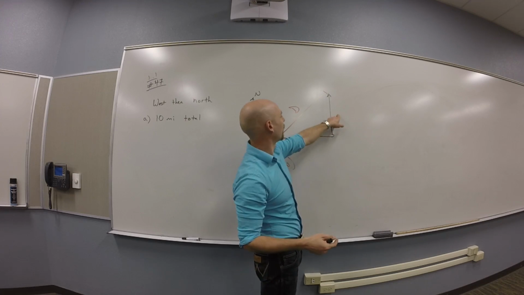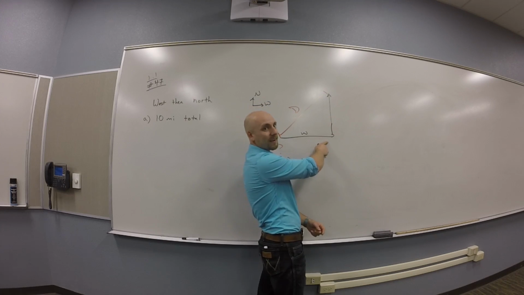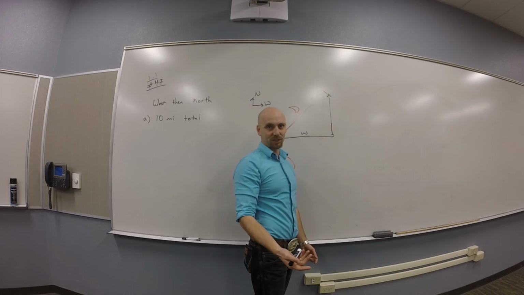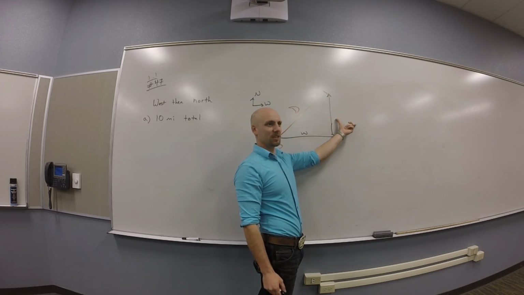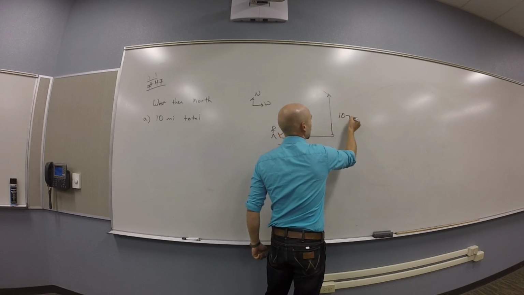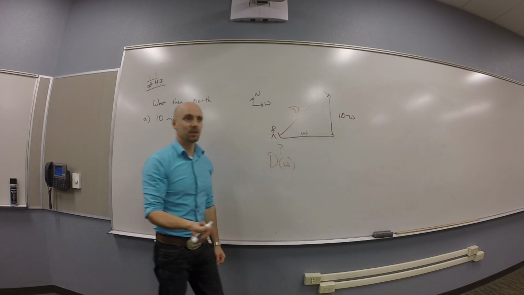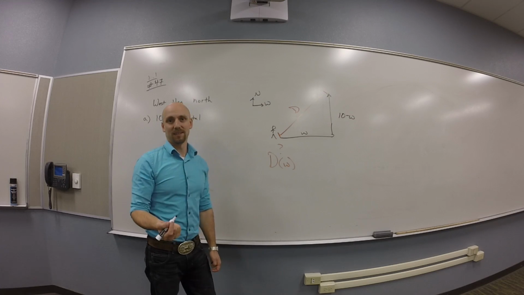So let me figure out, how far is this, right? If she goes W miles that way, and we know she walks 10 miles total, how far is this? That's 10 minus W, right? You guys see that? Okay, how far is D then?